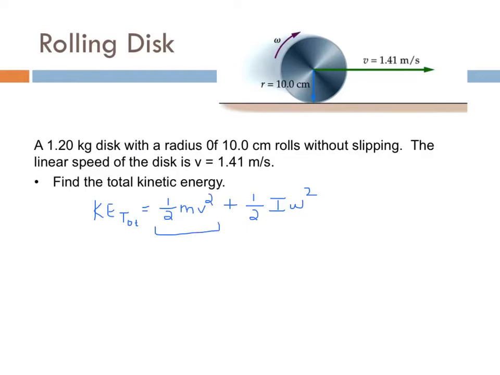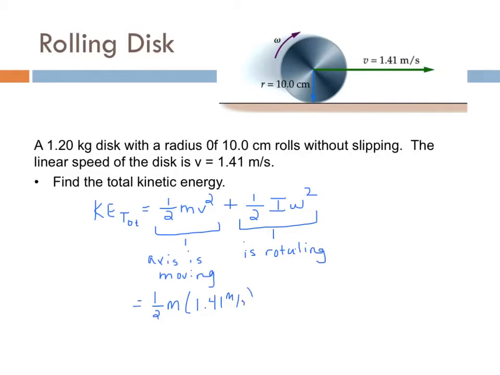So you always include this piece if your axis is moving, and you include the second piece if your object is rotating. So we have 1/2 m, our velocity is 1.41 meters per second, squared, plus a 1/2, and for a disk we have a moment of inertia of 1/2 mr squared.